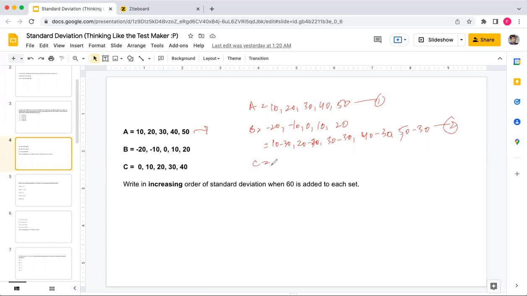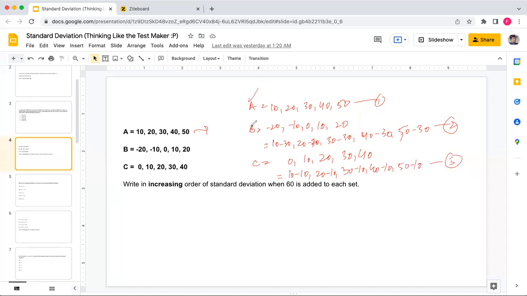Now if you see C, that is 0, 10, 20, 30, and 40. You can also write this as 10 minus 10, 20 minus 10, 30 minus 10, 40 minus 10, and 50 minus 10, right?